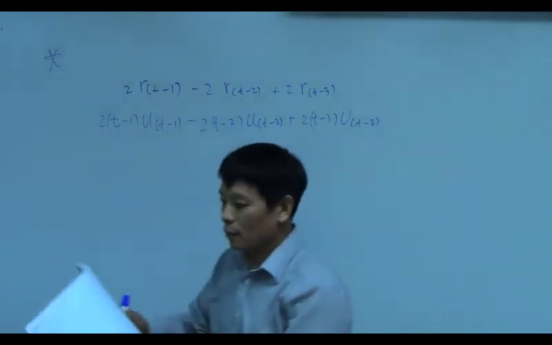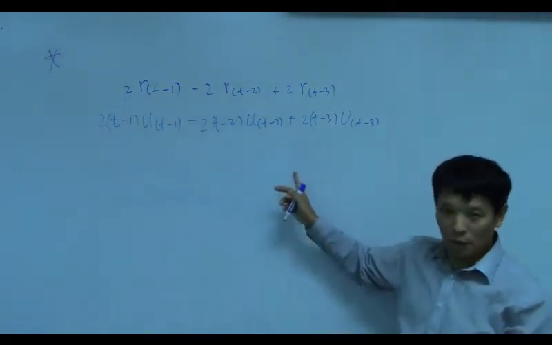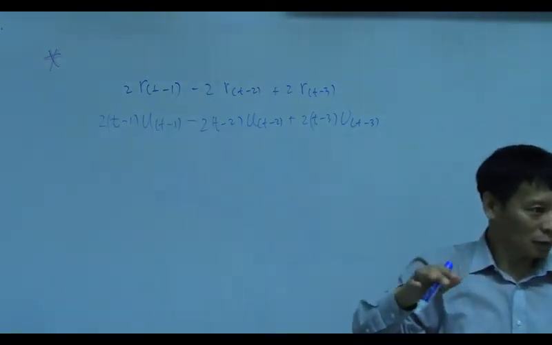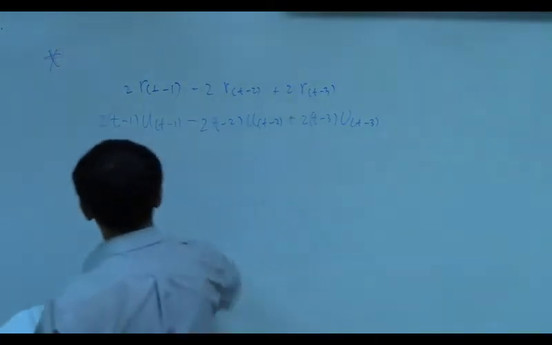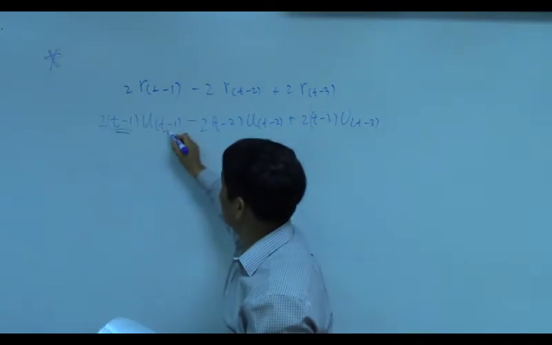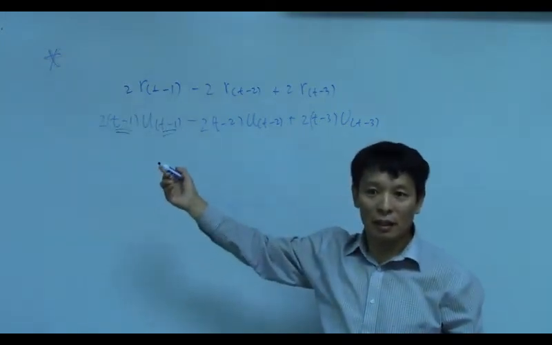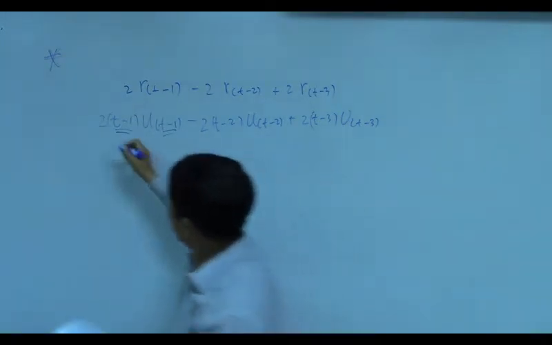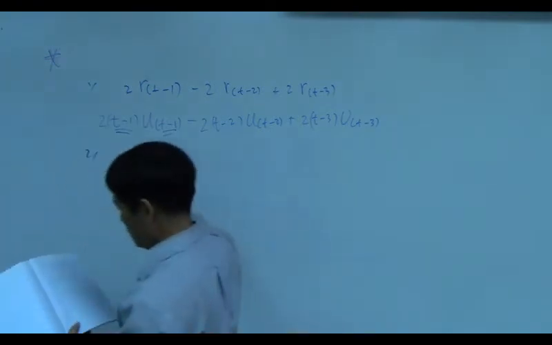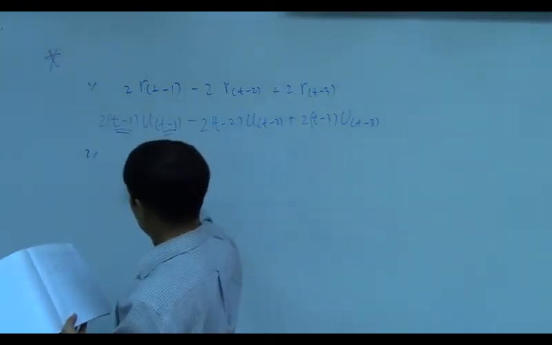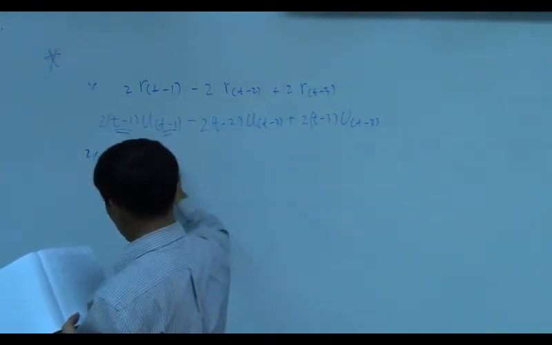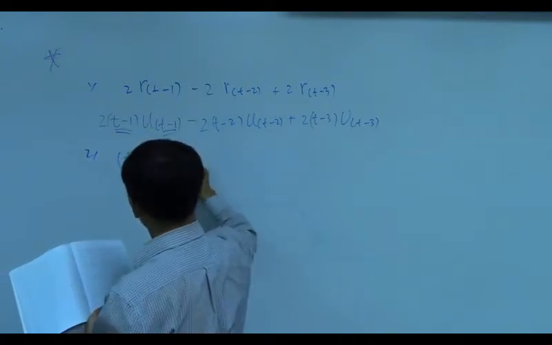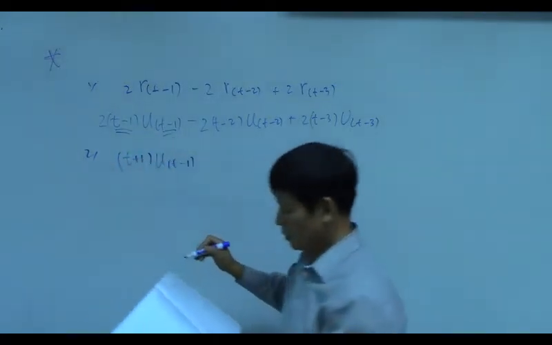Oh, this one, you use the same concept, but you need to play with it a little. The key here must be the same, so that means delay by some amount. The second one is (t+1)u(t-1).